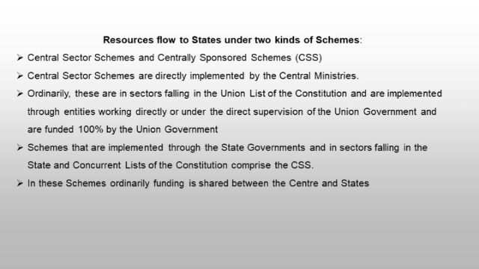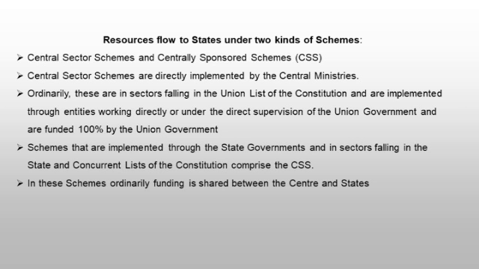Generally, these are in sectors which fall in the union list of the constitution. If you recall, the 7th schedule deals with the division of powers between union and states, and the union list consists of 97 entries.